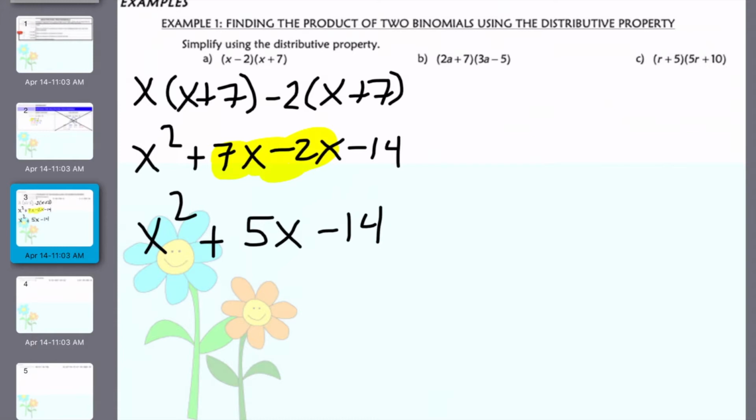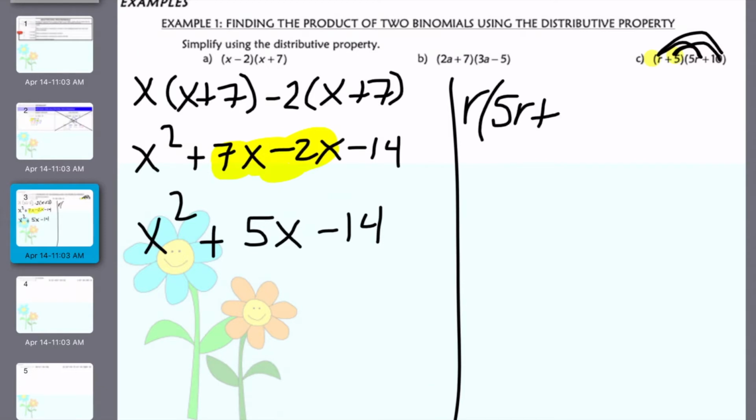Let's try working on question C since we have some room for that. So I'm going to make sure that I distribute my r and my 5 to each part of the other binomial, okay? So I do r times 5r plus 10 plus 5 times 5r plus 10.